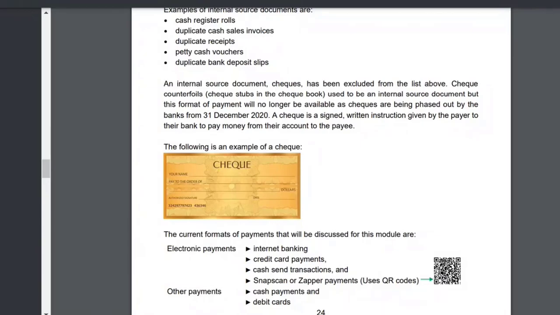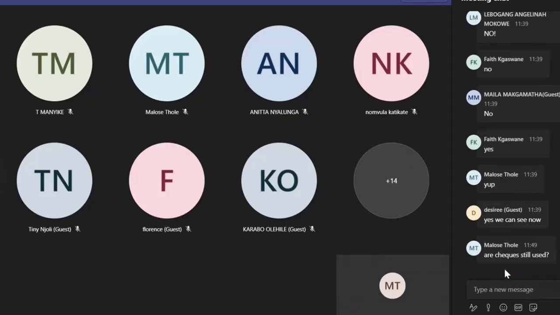So instead of doing an EFT, businesses used to have a checkbook. At the bank, they would give them a checkbook, and in that checkbook they would pay their suppliers.